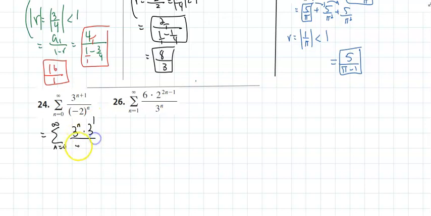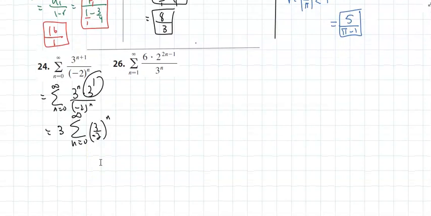So I have to manipulate this a bit, and I'm going to take a 3 up front and say that's the series n equals 0 to infinity of 3 over negative 2 to the n. So this is me using algebraic manipulation. I know that r is negative 3/2, which is bigger than 1, right? Therefore, diverge. I can't find the sum.